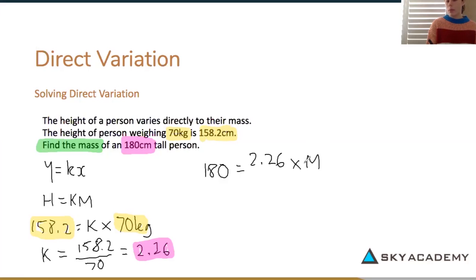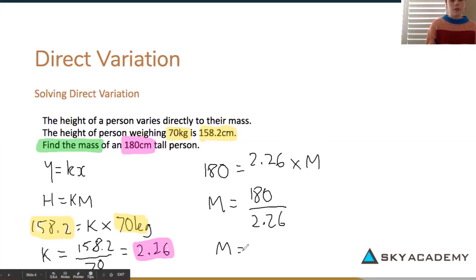We've got to figure out what the mass is. So mass is going to equal 180 divided by 2.26, because we're doing the opposite of times, we're dividing. And so our mass is going to equal 79.6 kilograms.